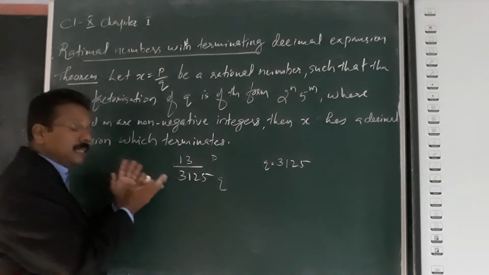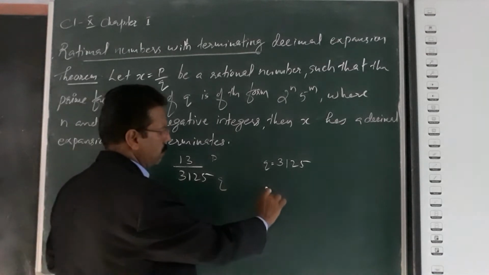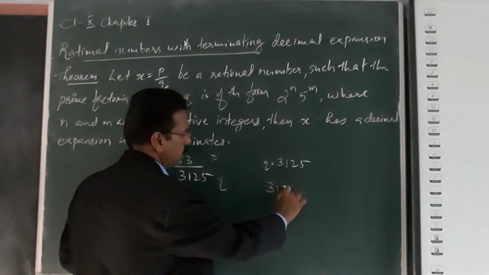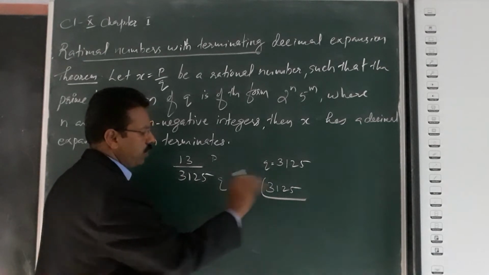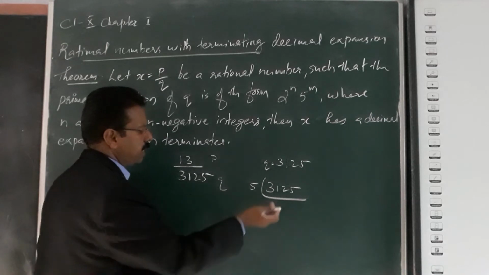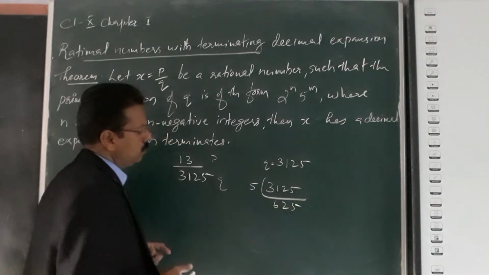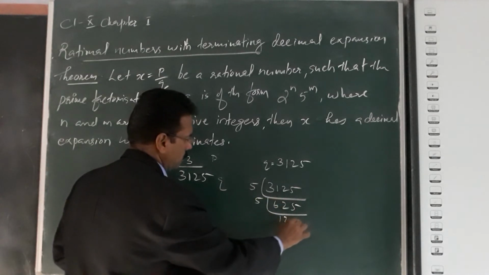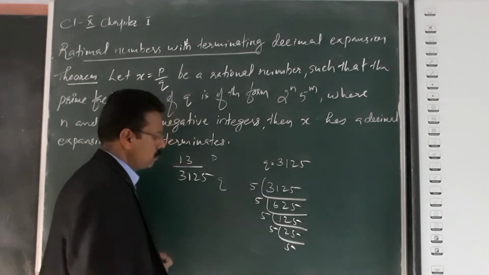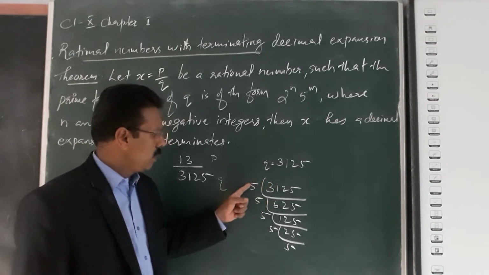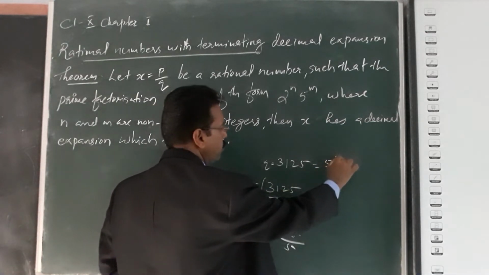But whether this rational number has a terminating decimal form or not, we can identify easily by making prime factorization. 2 is not possible, 3 is not possible, 5 is possible. 3125 we can write in prime factors like this: that is equal to 5 raised to how many 5s are there? 5 raised to 5.